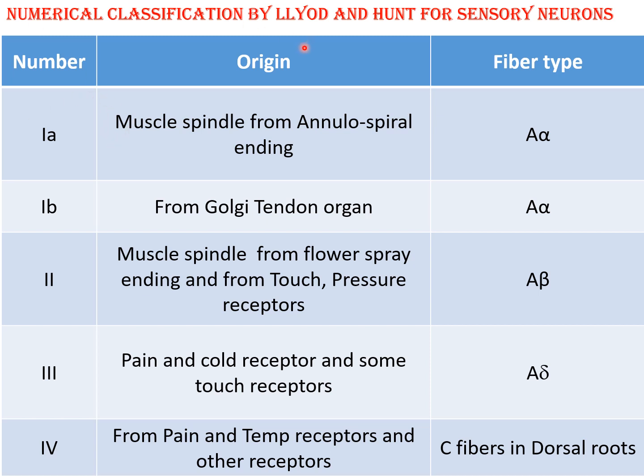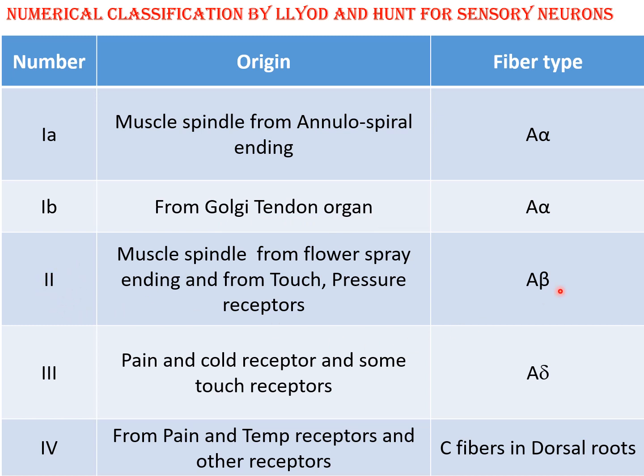Now the numerical classification by Lloyd and Hunt for sensory neurons. Number 1A means fiber A alpha, with origin from muscle spindle annulospiral endings. And 1B is also fiber type A alpha, with origin from the Golgi tendon organ.